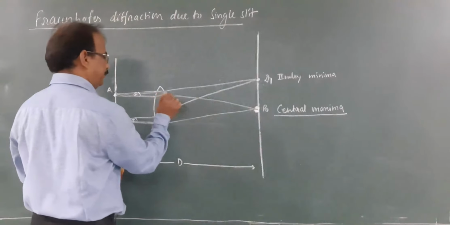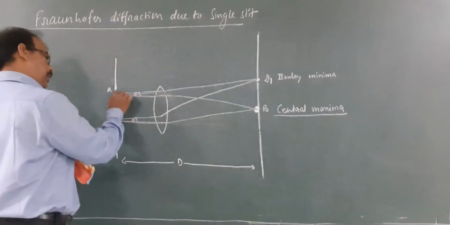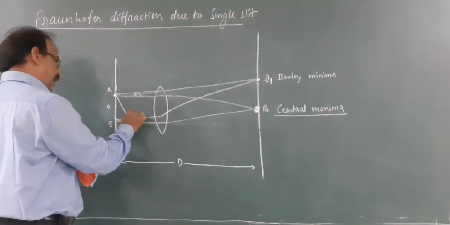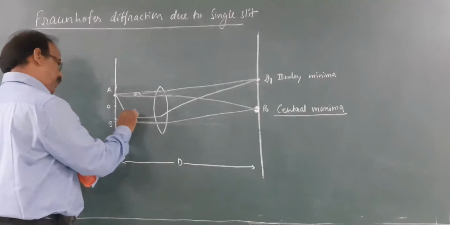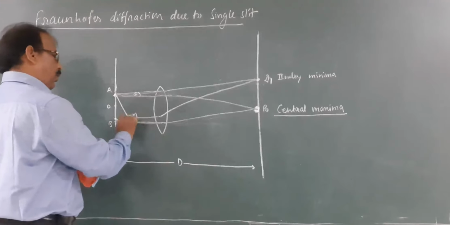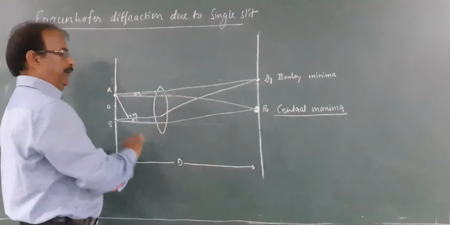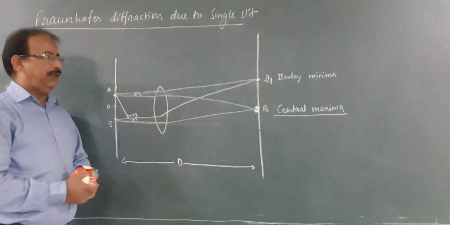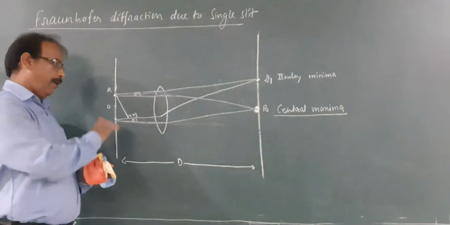Here, draw perpendicular AM on the ray that comes from P and reaches at point T1.